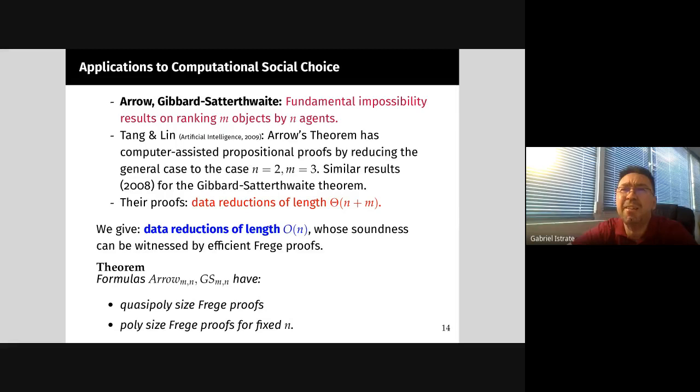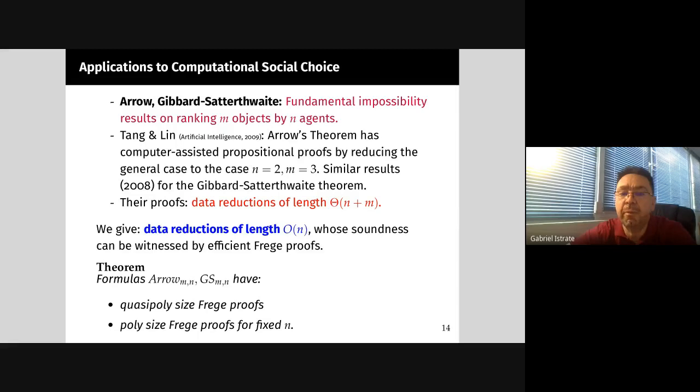Now, I have to say that for these results, the results aren't quite as satisfactory, because the propositional formulas that encode Arrow's theorem and Gibbard-Satterthwaite are quite large in N and M. They grow pretty big. So the point is that Tang and Lin gave data reductions of length theta of N plus M, and we managed to eliminate one of these parameters.